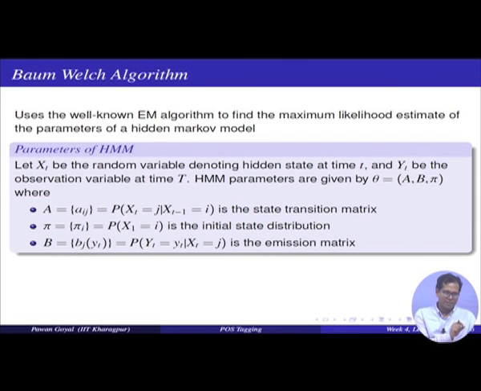So the probability of x1, the first state being the ith tag, that is my pi i. And thirdly I have the emission matrix, where the entries are the probability of observing this particular word or observation given the current state. I am denoting this like b_j(yt): at the state j, what is the probability of emitting the observation yt. So these are the three sets of parameters I have to learn.